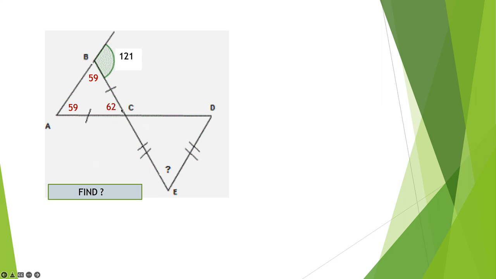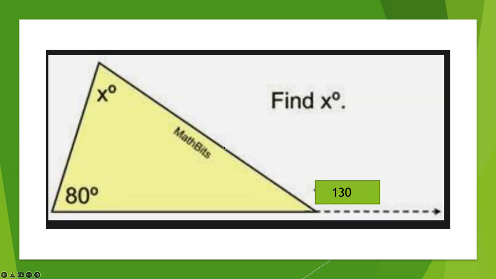But these guys are vertical, so that's also 62. But these guys are isosceles, so angle D is also 62. And 62 times 2 is 124. 124 taken away from 180 leaves me with 56 degrees for the missing vertex angle.